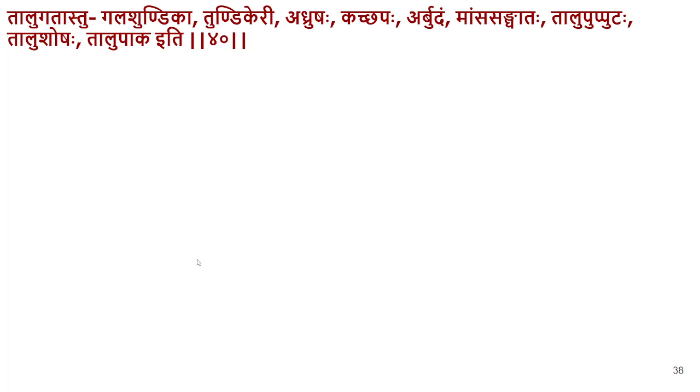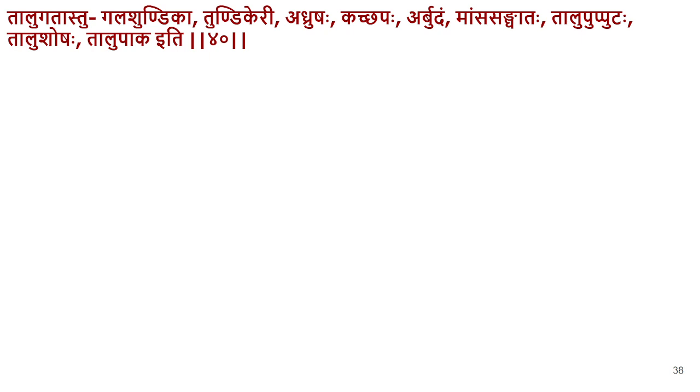The next is talugata. Probably talu is equated to the palate, without differentiation of soft and hard palate. Now, it's not necessarily the palate. When we say palate anatomically, we limit it to the soft and the hard palate, but according to Sushruta, the talu is the whole roof of the mouth, which includes a part of the pharyngeal part.